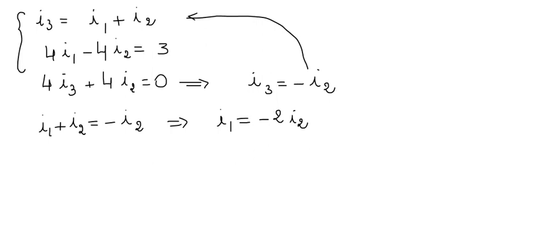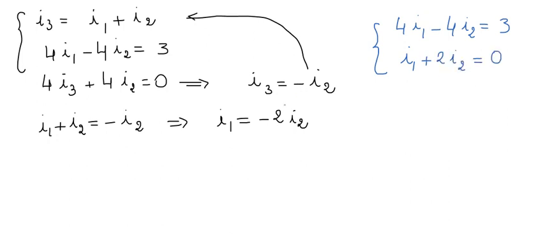Now we have a system of two equations: 4I1 minus 4I2 equal 3 and I1 plus 2I2 equal 0. And we solve this system of two equations with two unknowns.